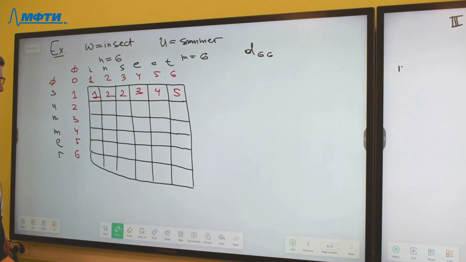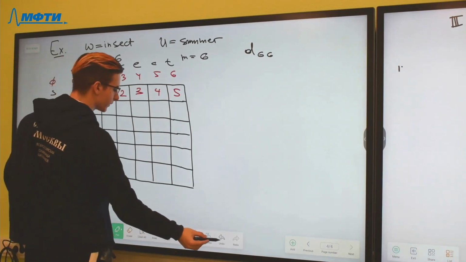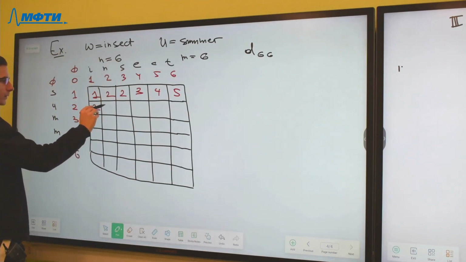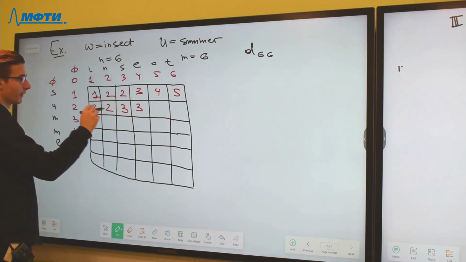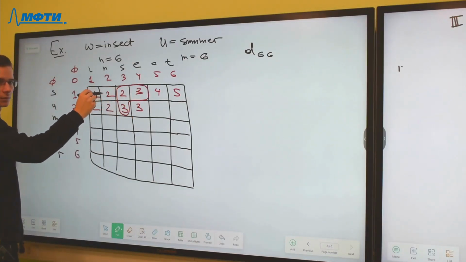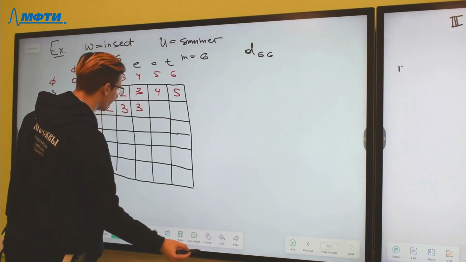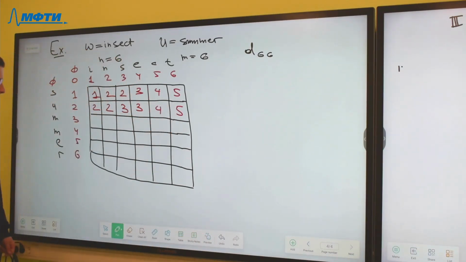Then to find the distance between this character and this, compare these characters, they are not equal. So I write here 2, 2, 3, 3, because I compare all of these characters, find the minimum and add 1, 4, 5.